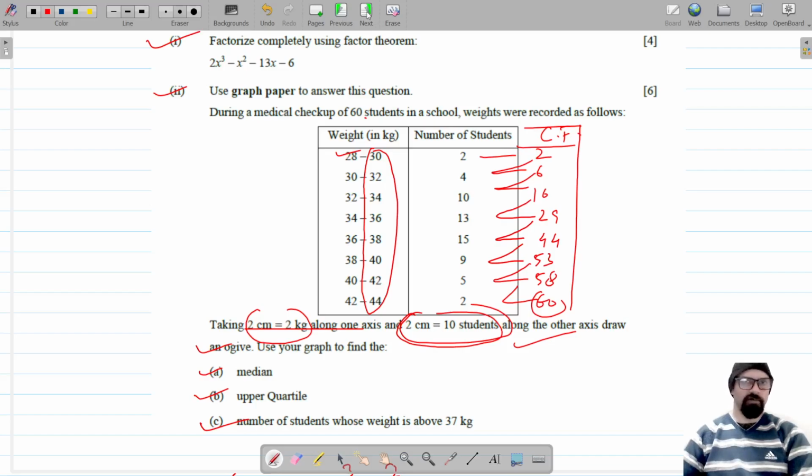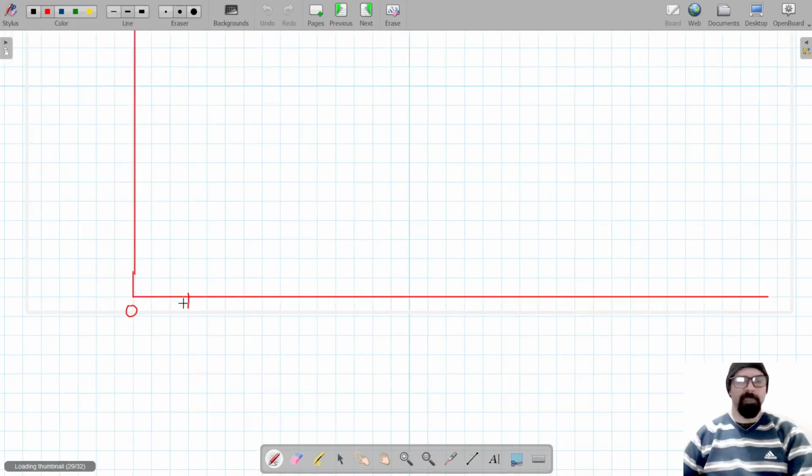So take accordingly on your graph paper. I'm going to take this much distance as 2 centimeters. So the first one is 32 kg. Okay, so this is, let's say, 30.